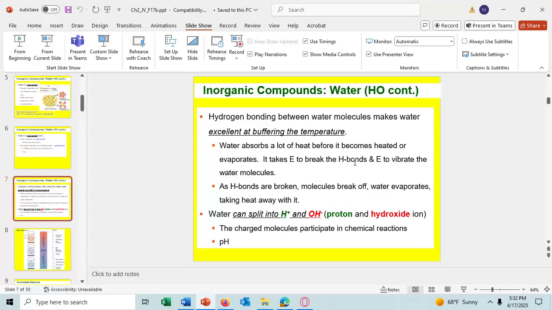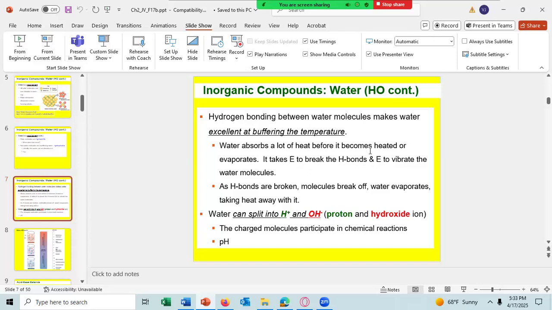So as water evaporates, it takes the energy away from it. And so the water molecule with the highest energy, the one that will break the hydrogen bonds, will be the water molecule to leave. And that means water is actually very good at evaporating and keeping something cool. And in addition, it means that water is very good at buffering the temperature.